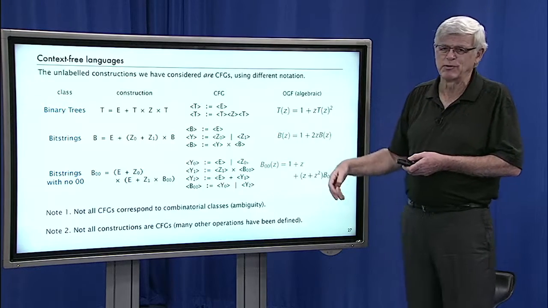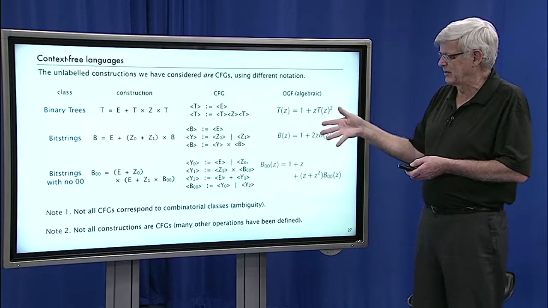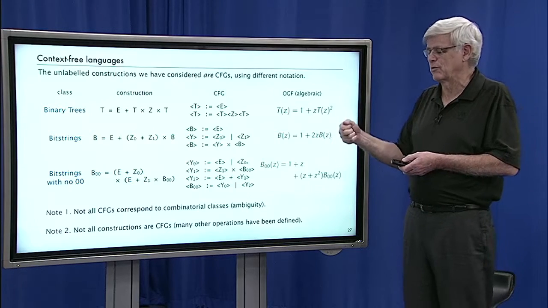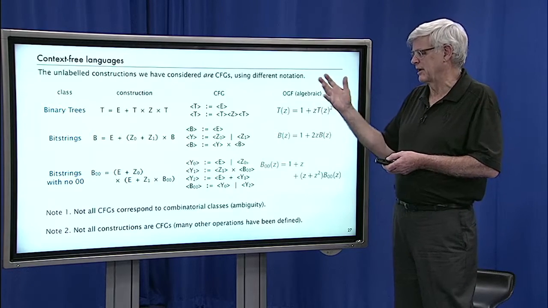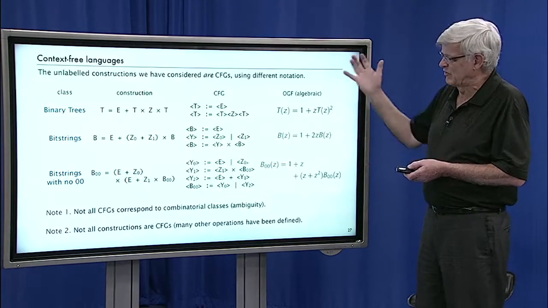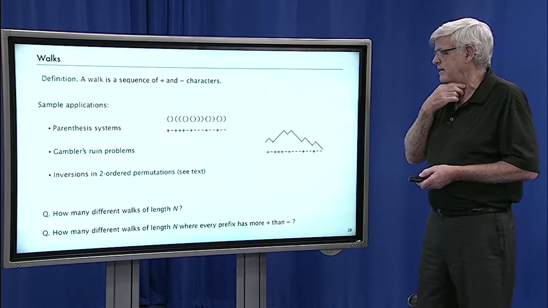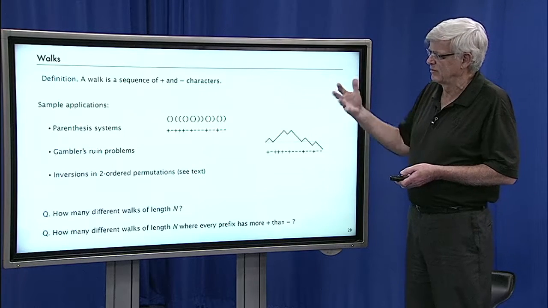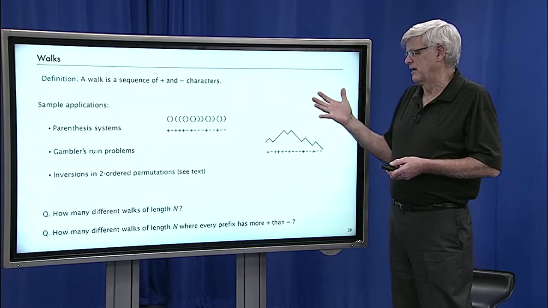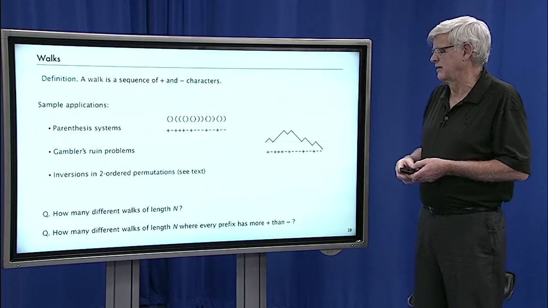There are many other operations that make the combinatorial classes that we're talking about different from context-free grammars typically. But still, there's lots of cases where it's the same thing. In those cases, it's worthwhile to be aware of that.